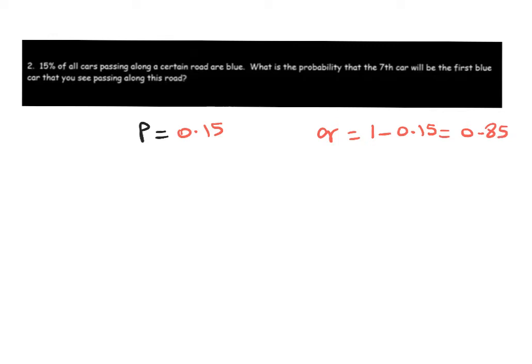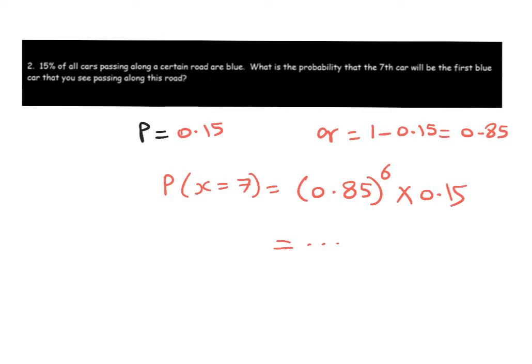R equals 7, probability of X equals 7. This means the first, second, third, fourth, fifth, sixth are not blue and the 7th is blue. So 0.85 to the power 6 times 0.15.